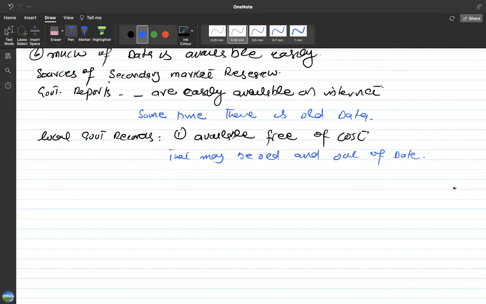We can use trade organization data. That is often produced in industry-specific publications. For example, the hotel industry can produce its own data, the car industry can produce its own data.